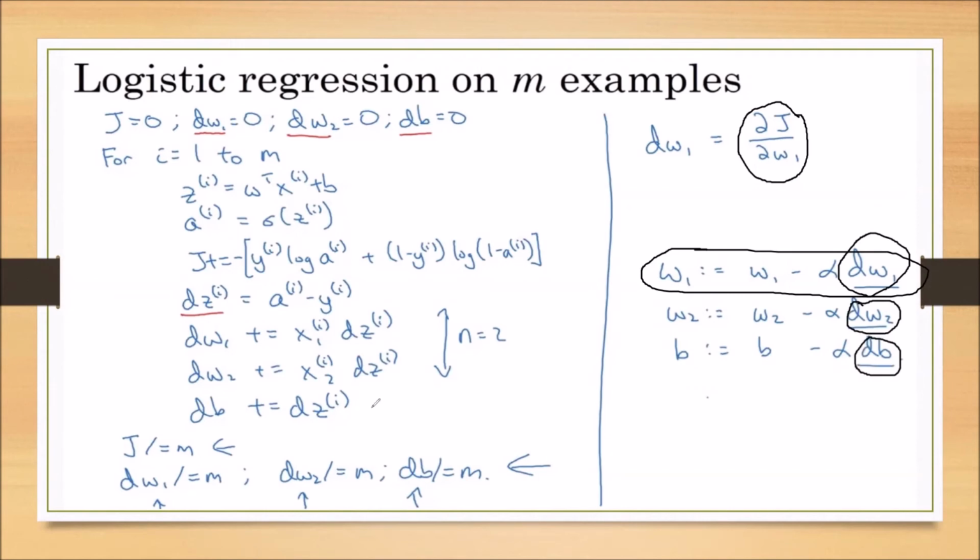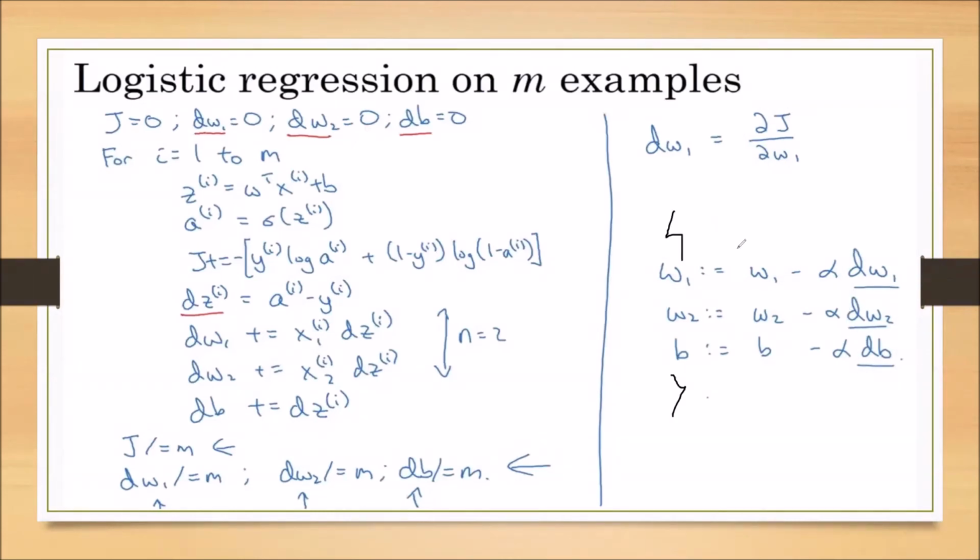So if we take this DW1, DW2 and DB, this is only one step. But we want to repeat this loop. How many times do we want to repeat this loop? Until we find the minimum value, until this differentiation becomes 0.